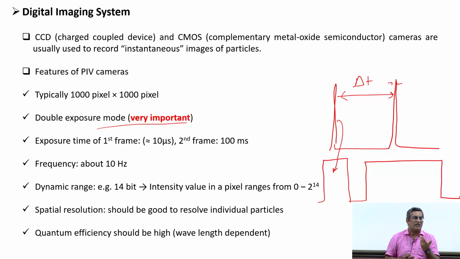We can call the image instantaneous because we will see the image of the particles only when the laser pulse exists. And this duration is very short, of the order of microseconds. So, let us say this is 10 microseconds, this is 100 microseconds, like that, but this duration is very small.